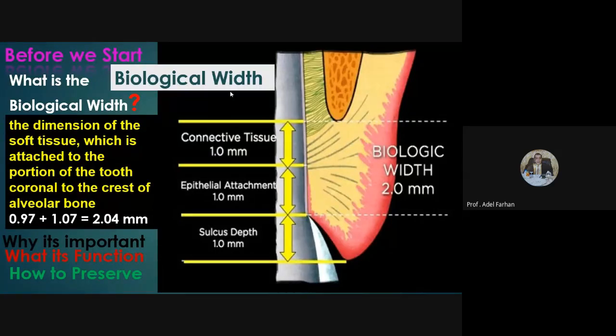The biological width is a dimension of soft tissue which is attached to the portion of the tooth coronal to the crest of the alveolar bone. This is the crest of the alveolar bone. And this is the gingival tissue that is coronal to the alveolar bone.